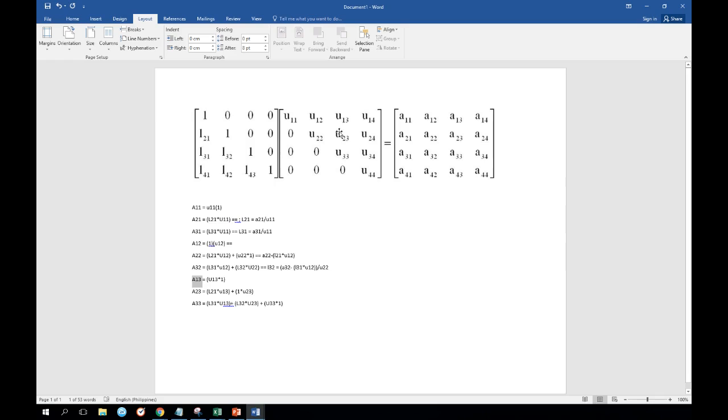U23 rather, since we're just doing a 3 by 3 matrix, we can simply isolate A23 and then move the product of L21 and U13. So let's click a formula here. Again, that's A23, which is this one.